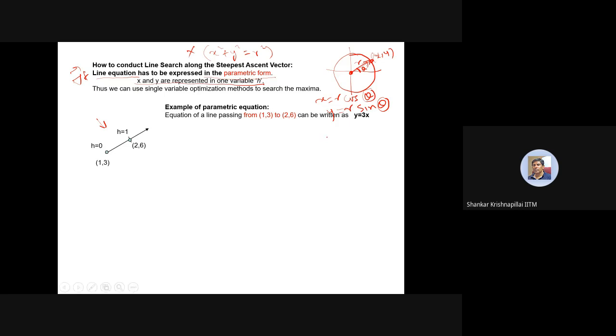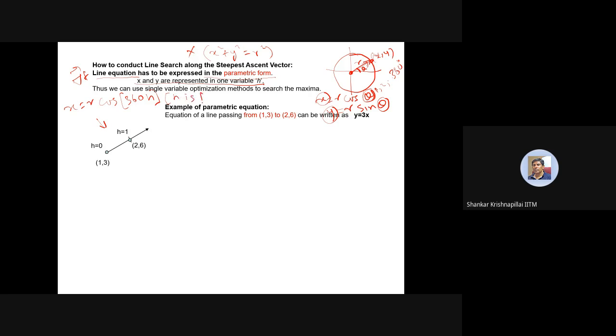So this is called parametric form. So if you put various values of theta like 1 degree, 2 degrees up to 360 degrees, then you can get various values of x and y. Okay, so x is equal to r cos(360 h), where h varies from 0 to 1.